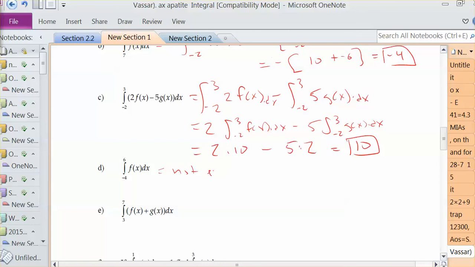Just because you double the limits doesn't mean it's going to double the area, because there's so many funky things that can happen from -4 to 6. The curve can do all this wacky stuff. Just because you increase the limits twofold doesn't mean it's going to double the area. It could actually even reduce the area. So we really don't know.